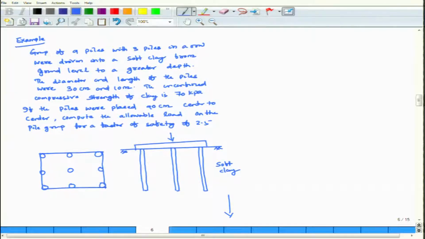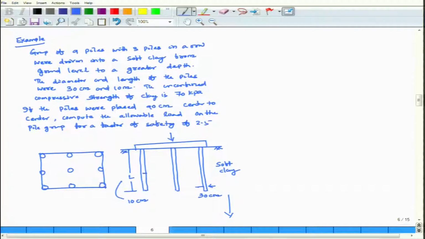The diameter of the pile is given as 30 centimeter, and the embedment length is given as 10 meter. Unconfined compressive strength of clay is 70 kPa. That means Cu is equal to qu by 2, 70 by 2, which is 35 kPa.